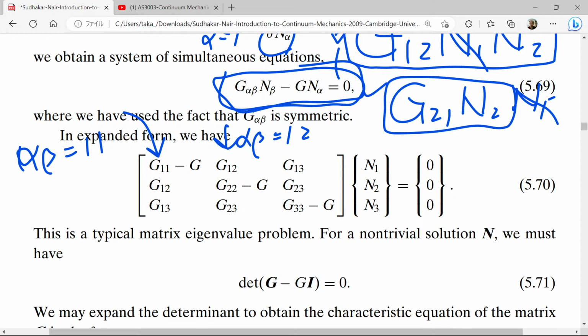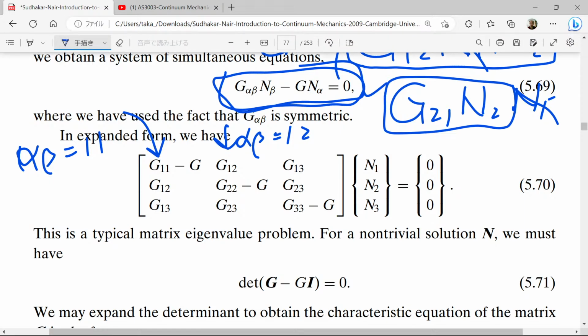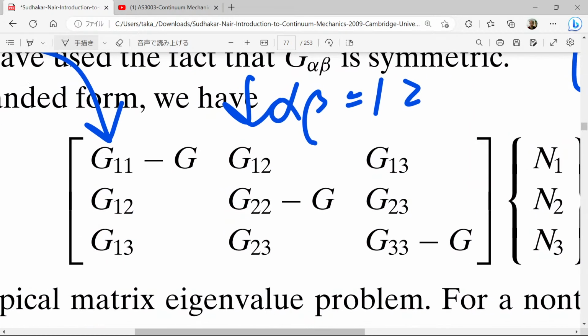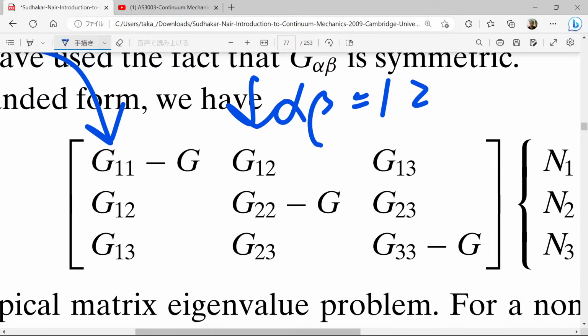133. I think you can figure it out. Okay, maybe the easiest way is this. You can see this one actually means this n1 plus n2 plus n3.